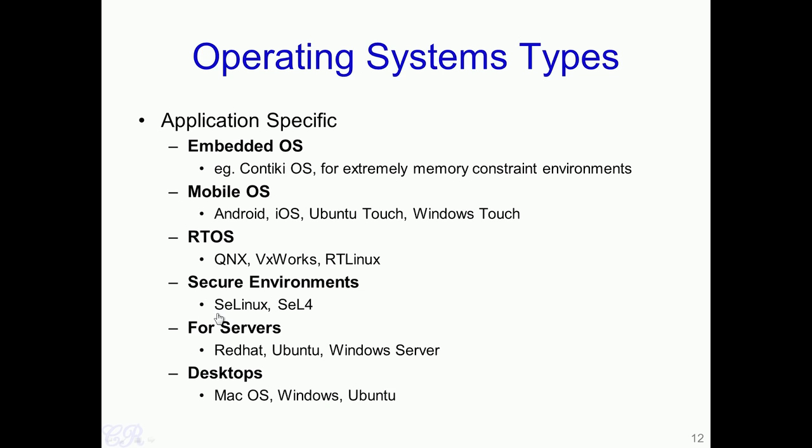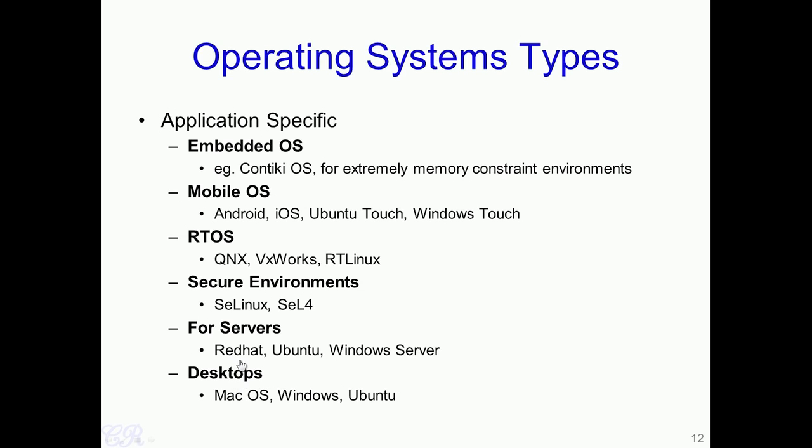Another classification of operating systems are those used in secure environments. Examples of these are SE Linux and SEL4. These operating systems are especially utilized for applications where security is extremely critical. For example, they could be used for web servers that host banking software and so on. The other classes of operating systems which you are quite familiar with are those used for servers and desktops.